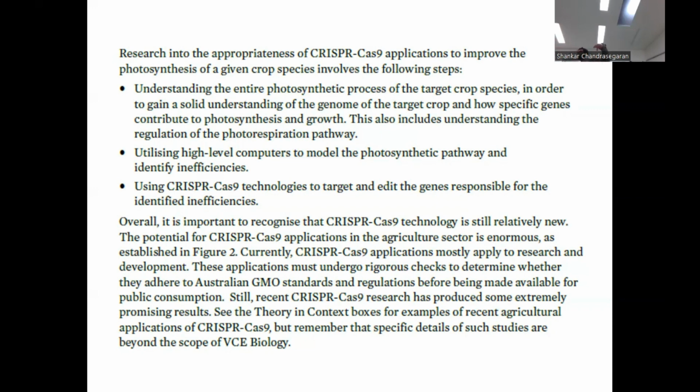For example, for a crop in a very hot environment, the inefficiency is that due to the high temperatures, it is losing a lot of photosynthesis to photorespiration. So the modification that can be made is to modify the Calvin cycle such that it becomes a C4 or a CAM plant. That can be different for different crops, right?